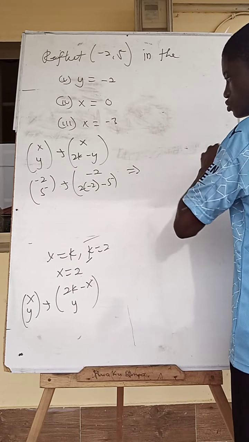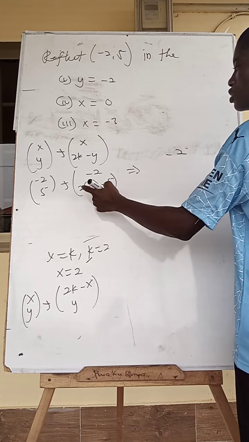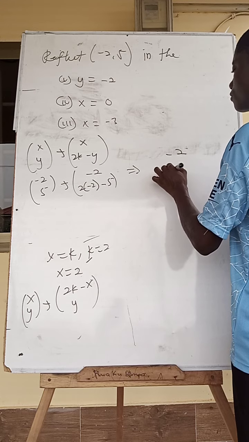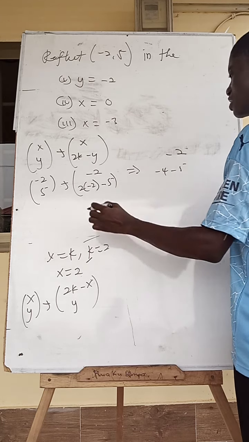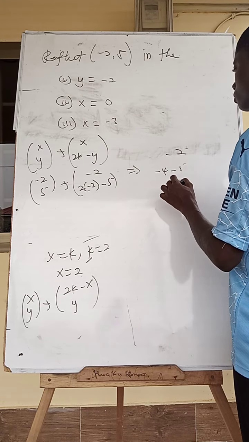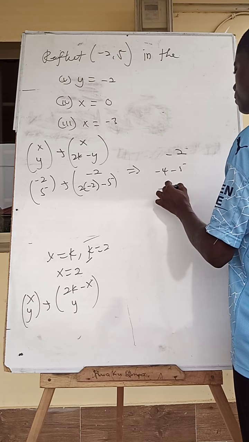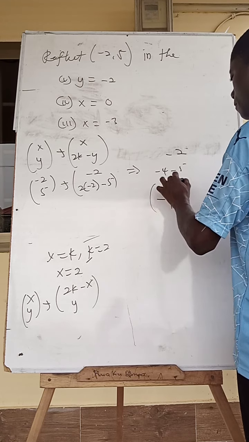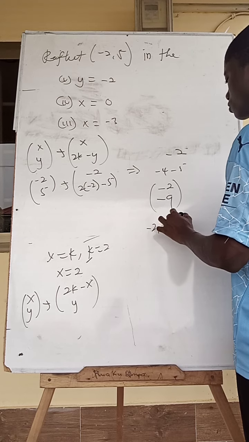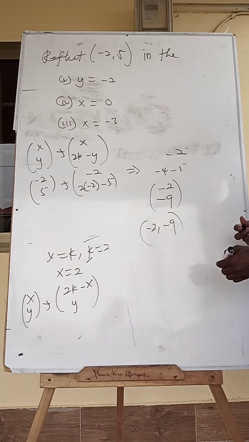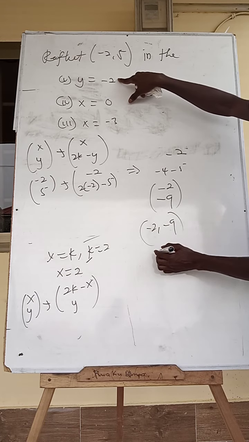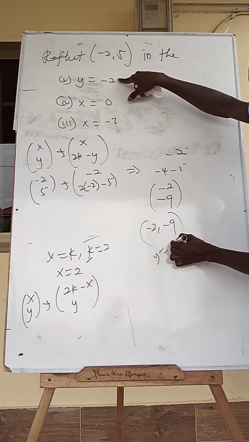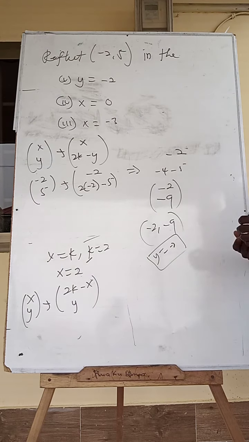So negative 2, 2 times negative 2 is negative 4, minus 5. So this one is going to give us negative 2, negative 9. So this is the answer for the first one, reflection in the line y equal negative 2. Good. I hope you are following.